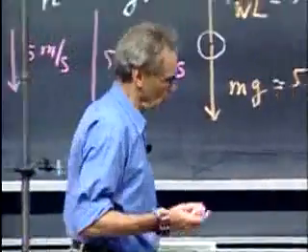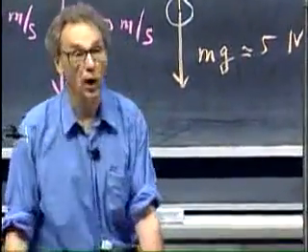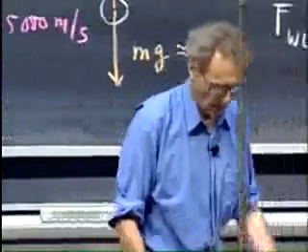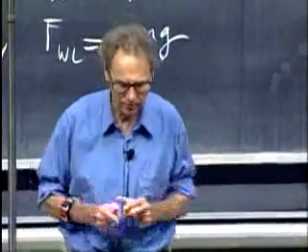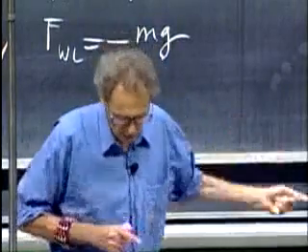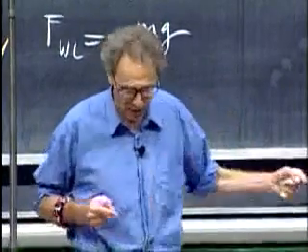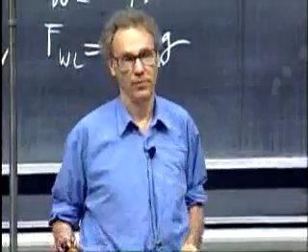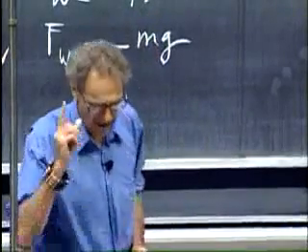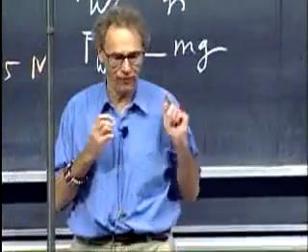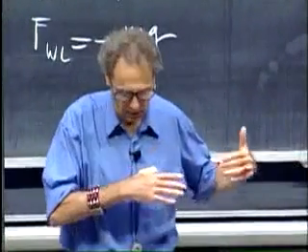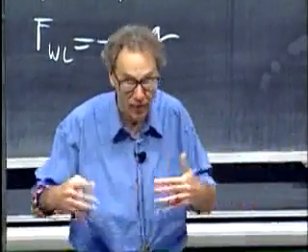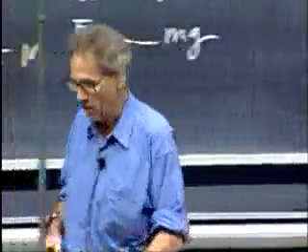Now we come to Newton's third law. If one object exerts a force on another, the other exerts the same force in opposite direction on the one. I read it again. If one object exerts a force on another, the other exerts the same force in opposite direction on the one.